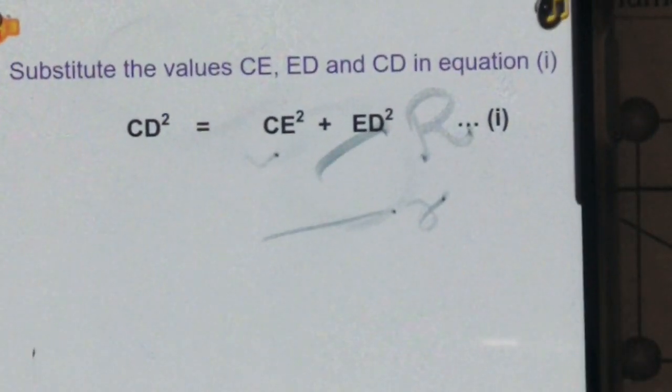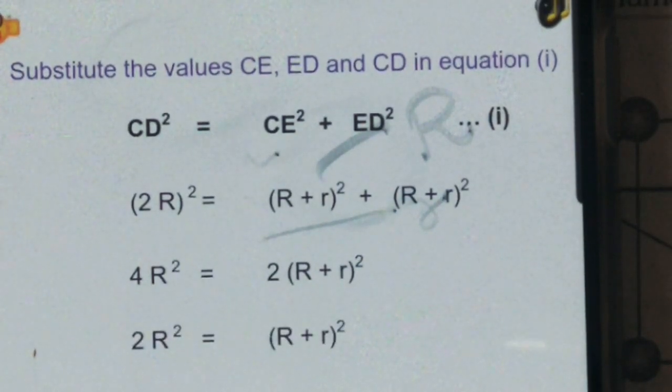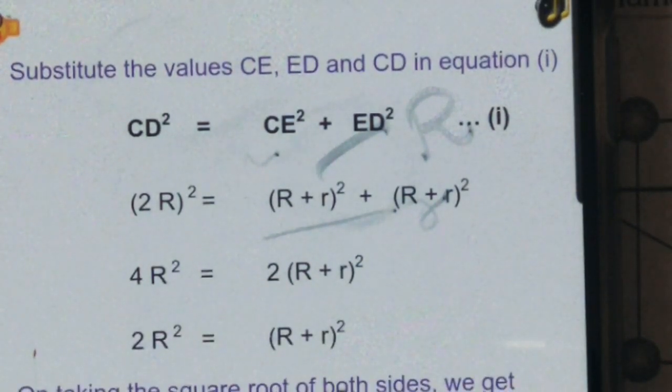And these two are small r plus capital R as we have discussed. So substitute the values of CE, ED and CD in the equation. You will get 4R square is equal to (r plus R) whole square. Okay, so on taking the square root on both sides, the square will get cancelled.